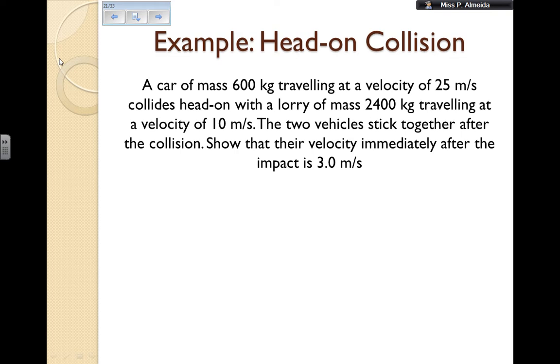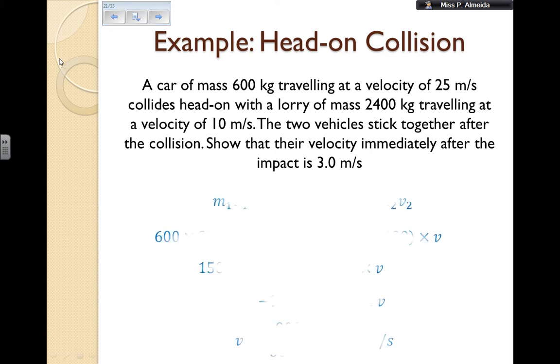So it says, a car of mass 600 kilograms travels at a velocity of 25 meters per second, collides, this obviously is made-up numbers, with a lorry of mass 2,400 kilograms, traveling at a velocity of 10 meters per second. They stick together after the impact or collision, show that their velocity immediately after is 3 meters per second.